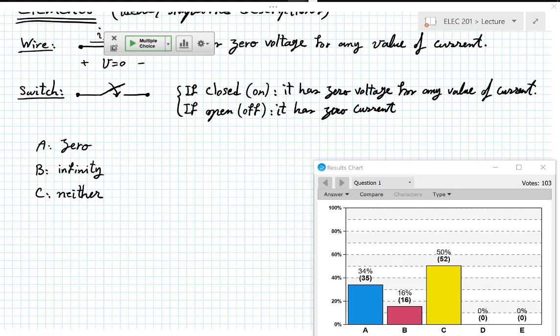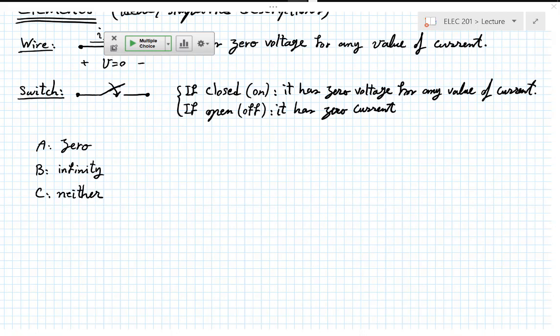So when it's off, it has zero current for any value of voltage. And this value can be either way, positive or negative. There could be a voltage difference in either direction. Okay? So this is how a switch works.